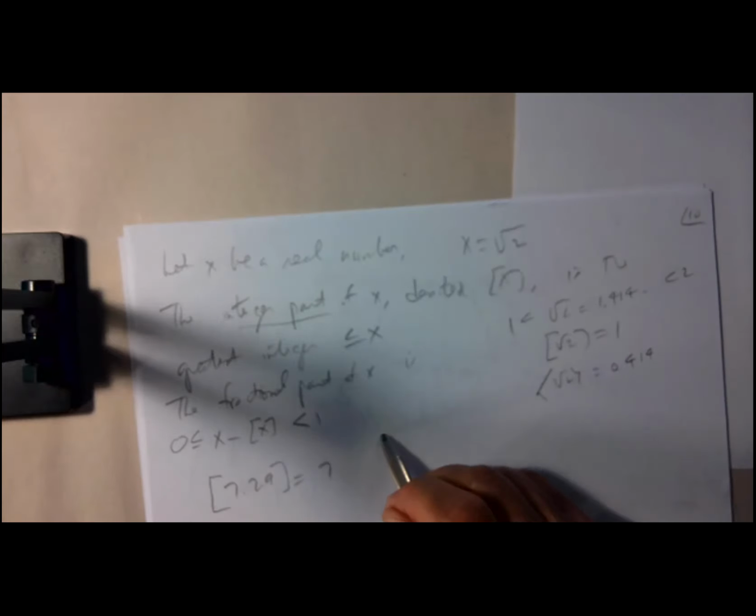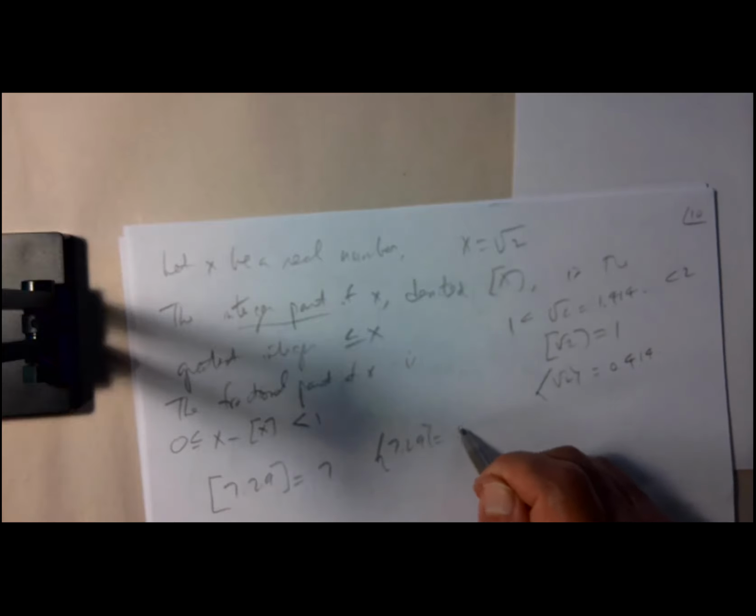Right? That's the integer part and the fractional part. So for example, the integer part of 7.29 is 7, and the fractional part of 7.29 is 0.29.